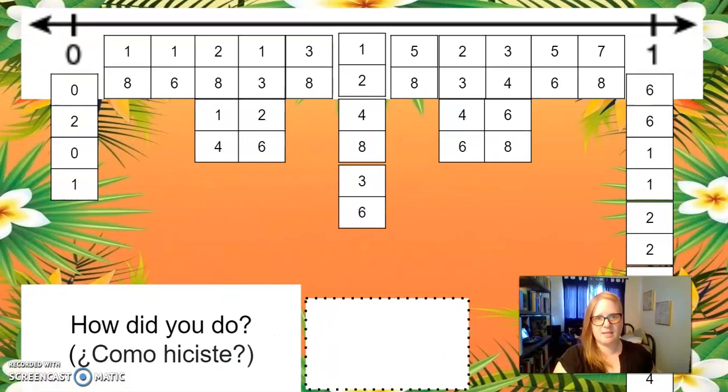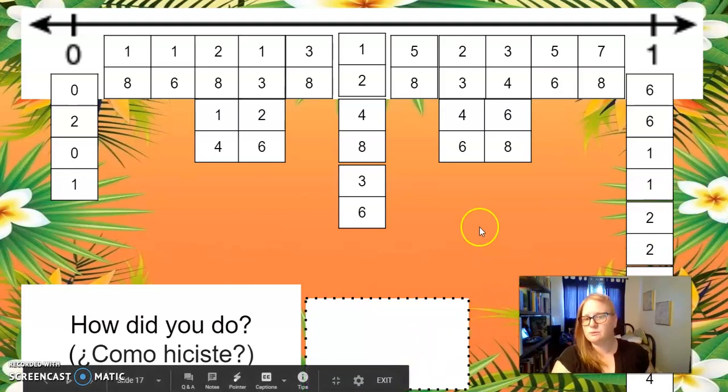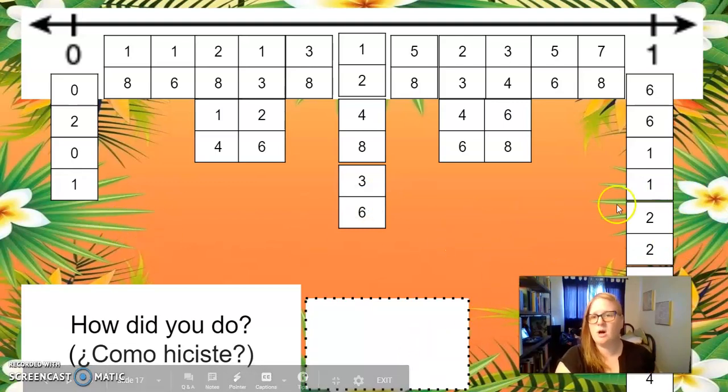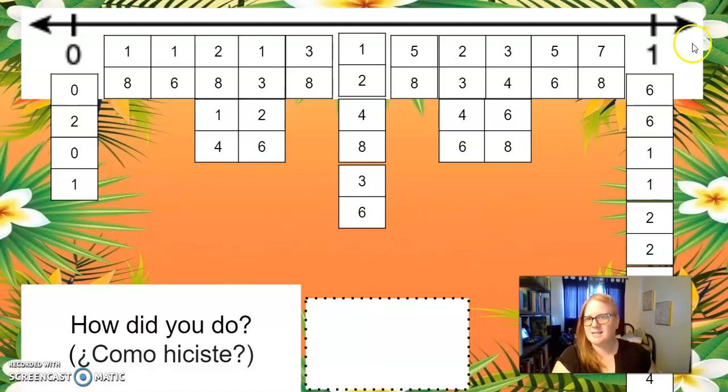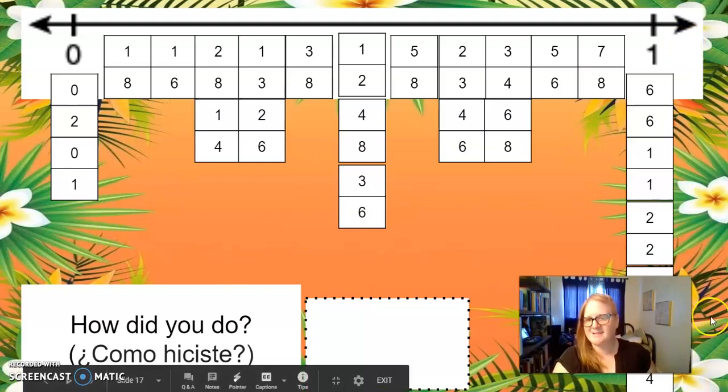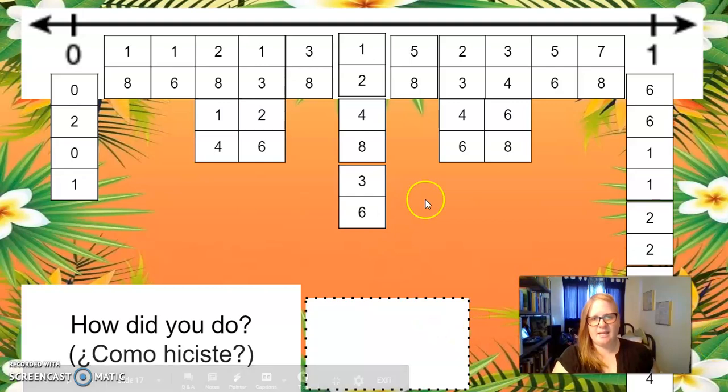So this is what it's going to end up looking like. And I want you to tell me, how did you do? How was comparing those fractions and being able to mark them all on one number line? Like I said, the ones we're going to run past the slide, and that's perfectly fine. But now anything that is underneath is an equivalent fraction.